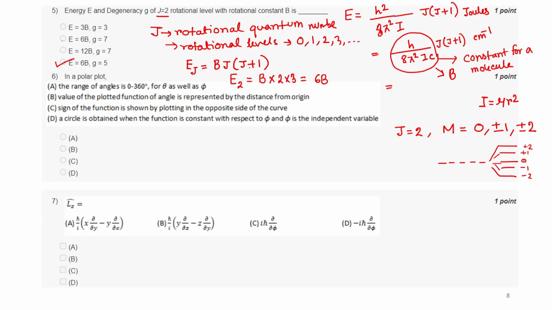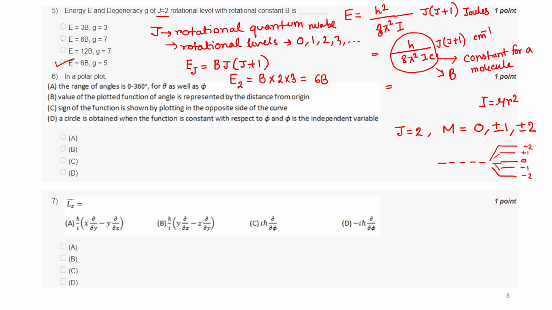So when you discuss the non-rigid rotor, that will account for a perturbation. At that time this degeneracy is going to be lifted, but that is for another course. You can go through the lectures of molecular spectroscopy by Professor Datta, now available on YouTube. I guess that course is going to be offered again next semester. You can take that course also.